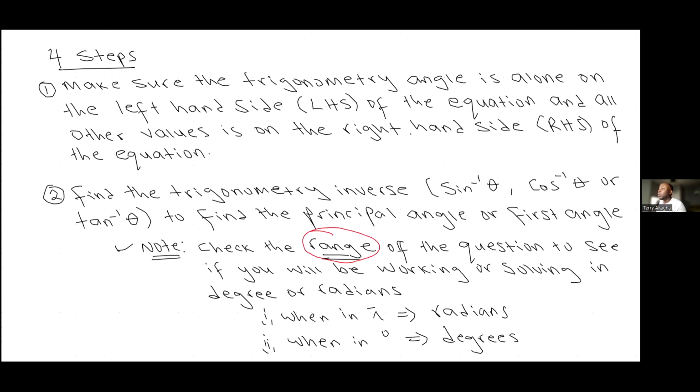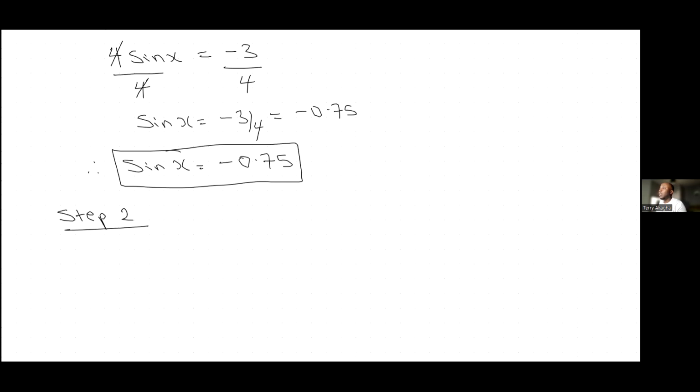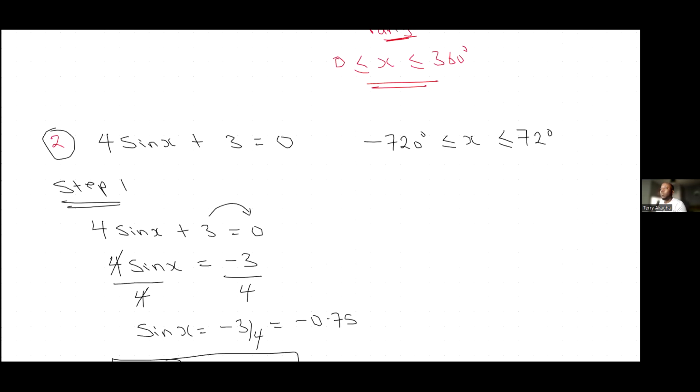Now, if you look at the question as well, we can see that the range that was given was in what? Degrees. So you can see the range was in degrees. This is 720, not 72. So this is 720. Okay. All right.